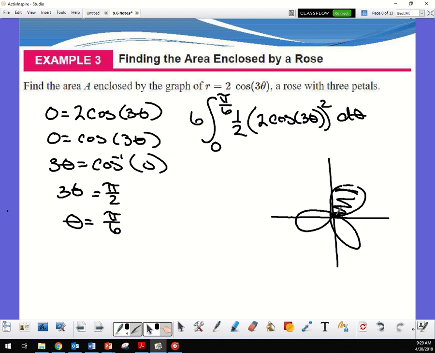Could you change the function from cosine to sine and then get the same area? Would it give you the same area? And then you could do it that way, with 2 sine of theta.